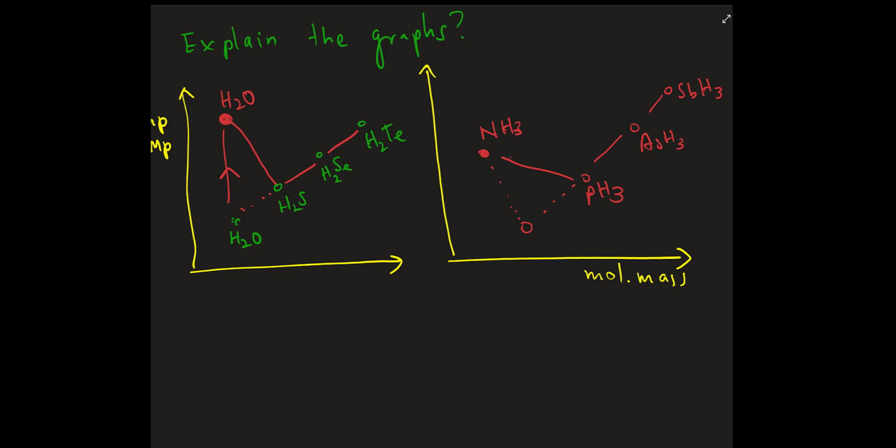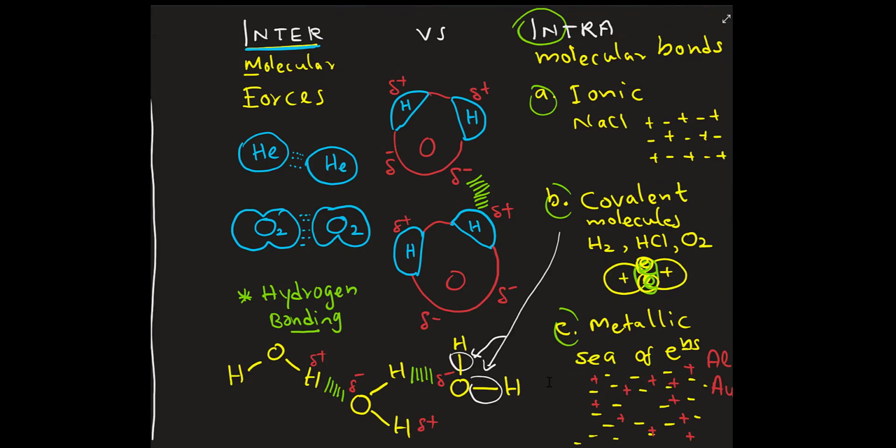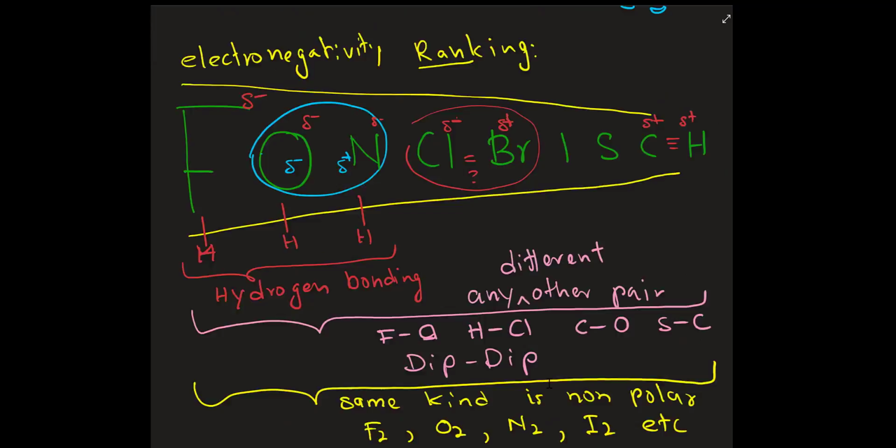NH3 is not in the normal downward trend, but it's way up, right? This is really important for some of the first-year courses, IB, AP, and so on. So try to explain in 2-3 sentences: why is water way up? Why is ammonia way up? It's melting and boiling, right?